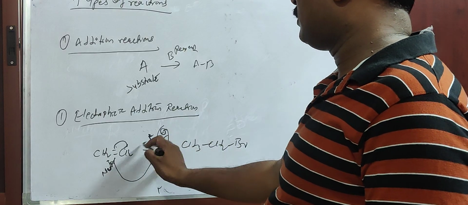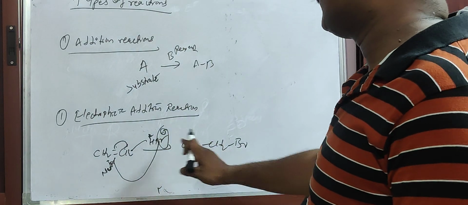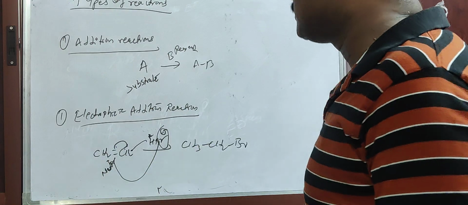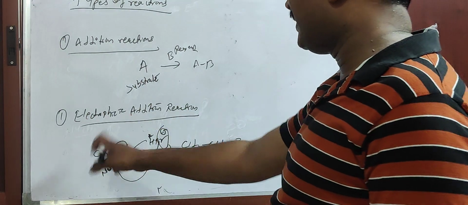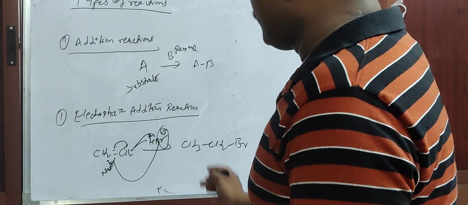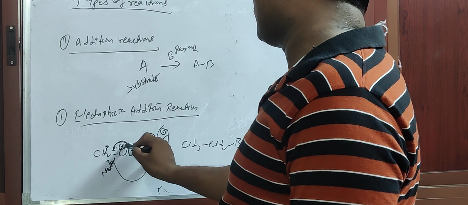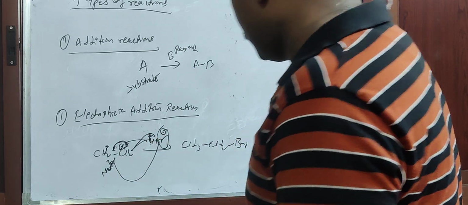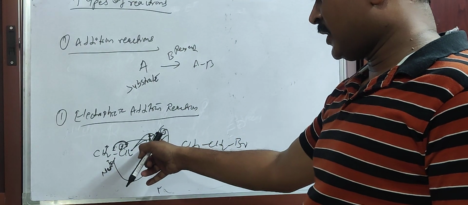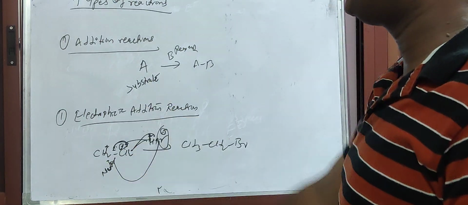After that Br minus attacks here. Then it will form CH3CH2Br. These H plus ions will add to this molecule. This is electrophilic addition. The negative charge approaches the positive H plus electrophile. That's why this is called electrophilic addition.